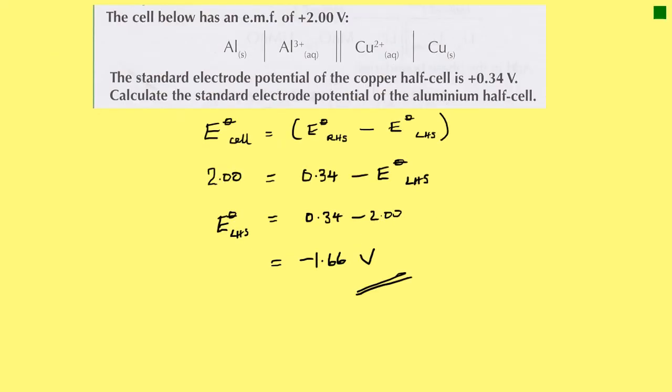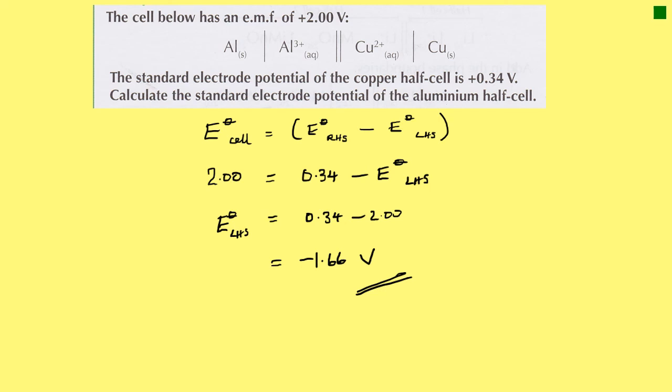So here is our example. We've got a cell, and it's been given an EMF of plus 2.00 volts. It's an aluminium copper cell, and the standard electrode potential of the copper half cell is 0.34 volts, and it wants us to calculate the standard electrode potential of the aluminium half cell.